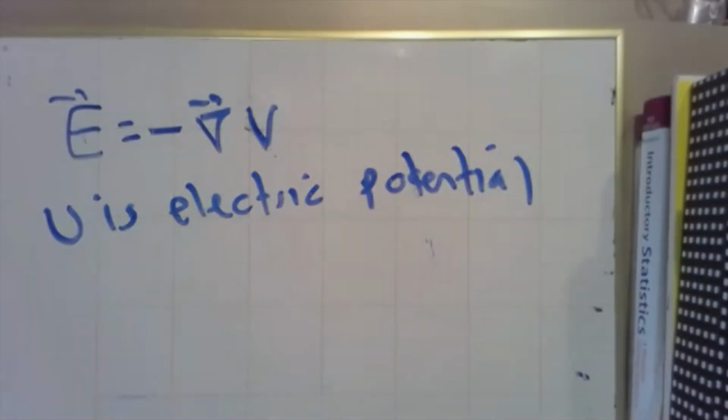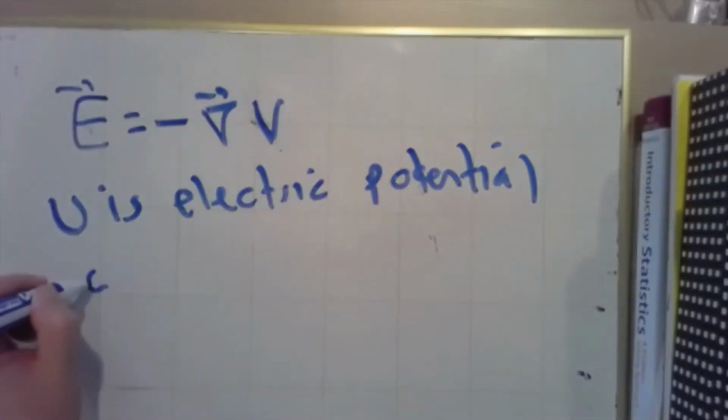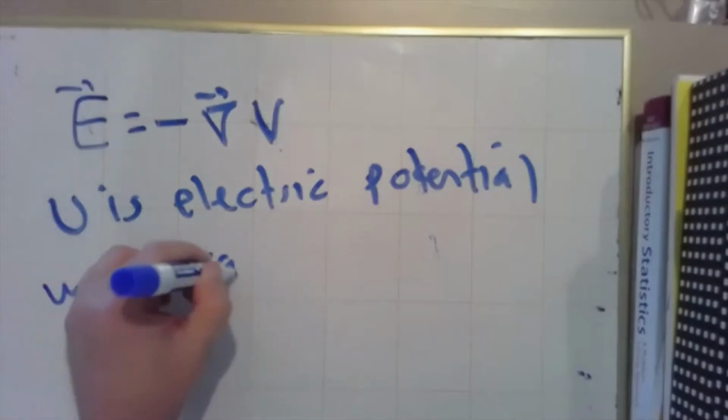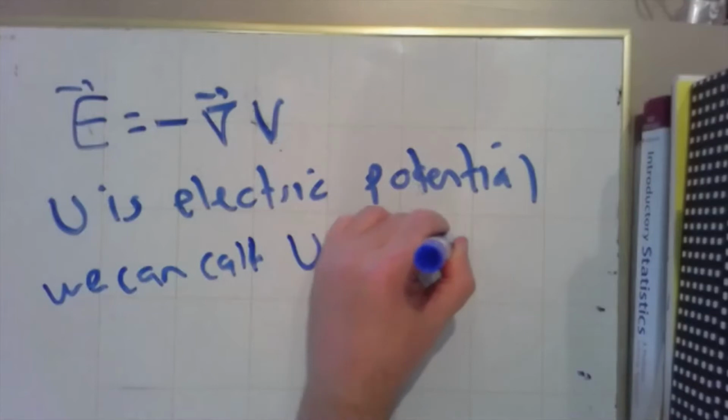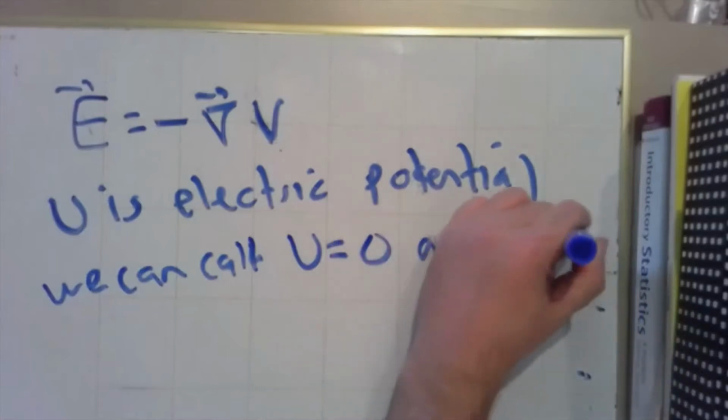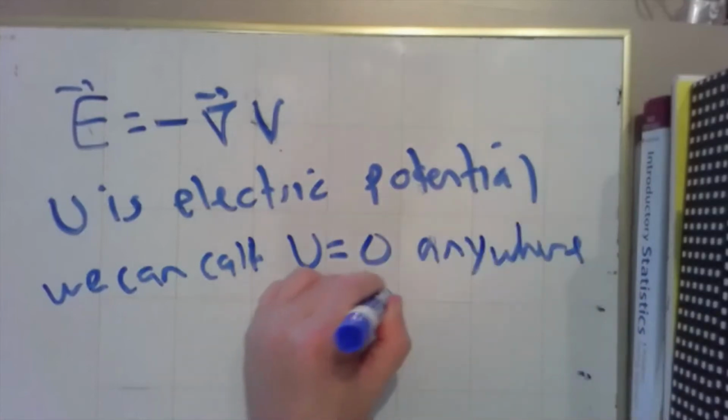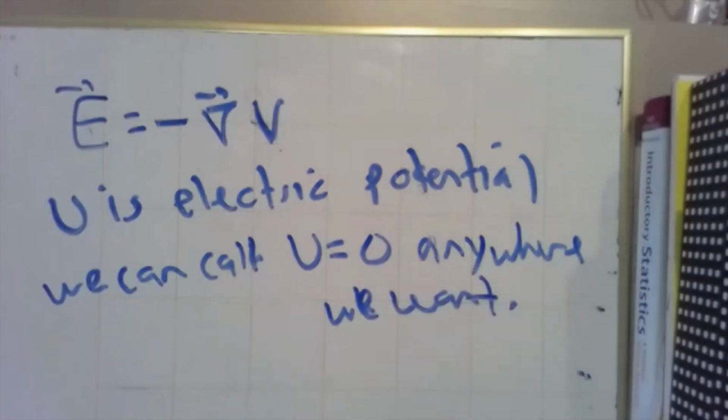That's a scalar field that's only defined up to an additive constant. We can call V equals 0 anywhere we want. V is electric potential. It's measured in volts.